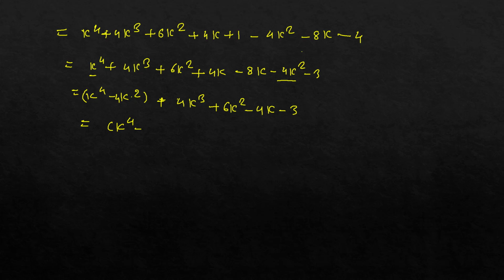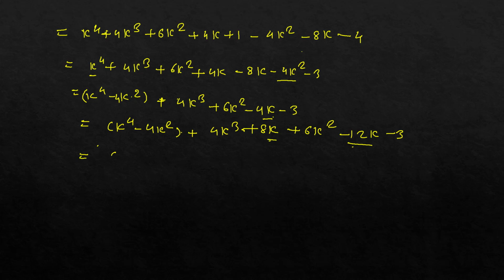So (k raised to 4 minus 4k square) bracket complete plus 4k cube plus 8k plus 6k square minus 12k, and the last term is a minus 3. What is the adjustment here? Minus 12 and plus 4, means we get minus 4k plus 8k or minus 12k, we get a 4k.